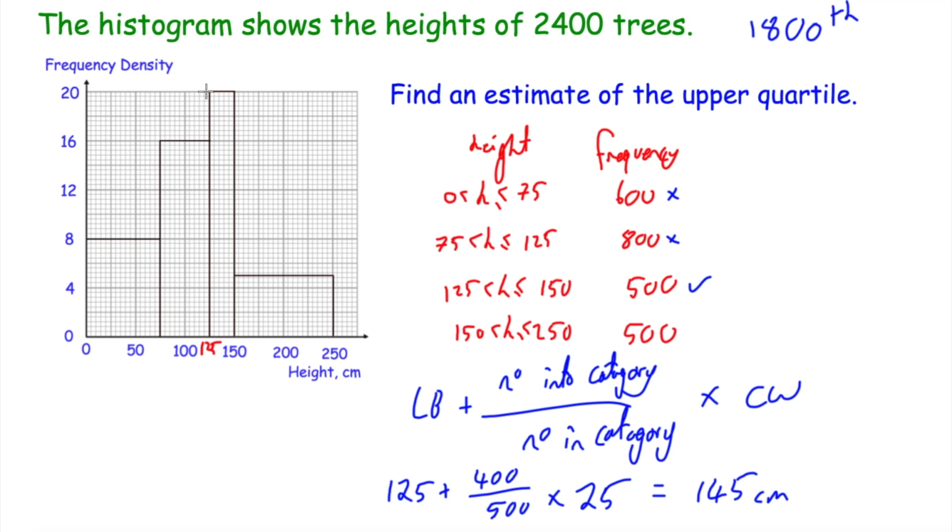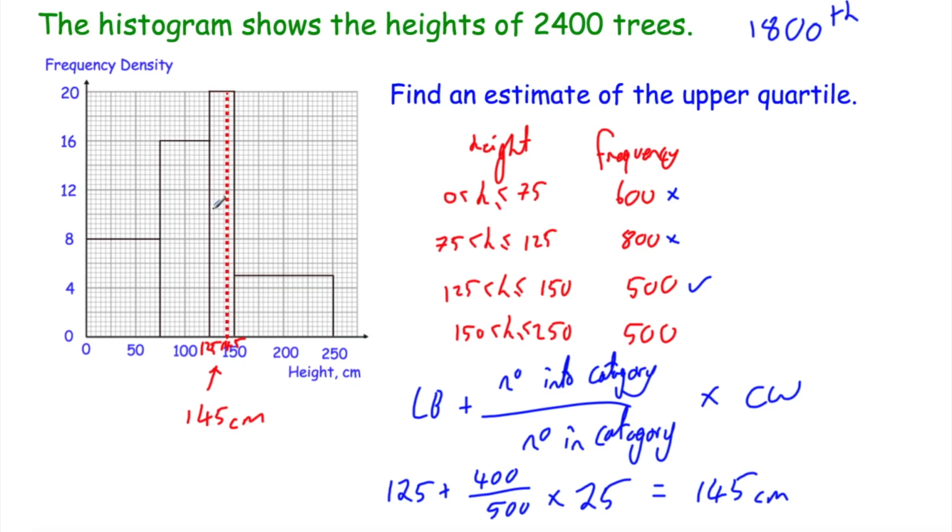Well, the frequency density is 20. So that means that we're going to do 20 multiplied by 20, so we're going to go across 20 to here to 145. And if we go across to 145 there, then our upper quartile is 145 centimeters. And then that would mean that you've got a class width there for that strip of 20 multiplied by 20 would be 400.